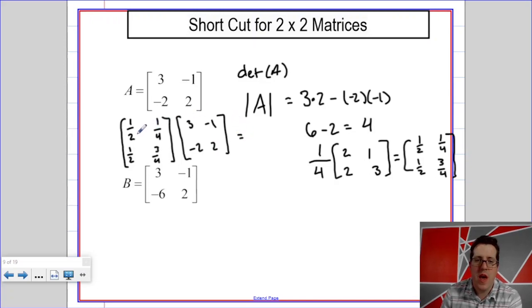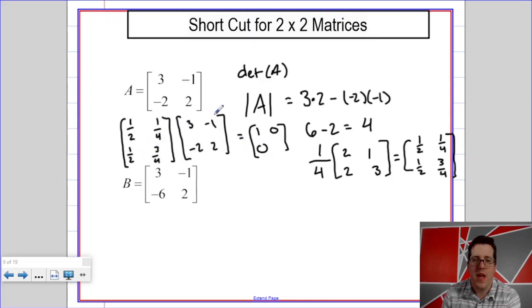We get 3/2 minus 1/2. That's 2/2, or 1. We get negative 1/2 and 2/4, which adds to 0. 3/2 minus 3/2, which adds to 0.